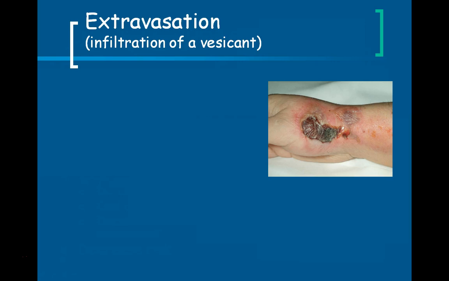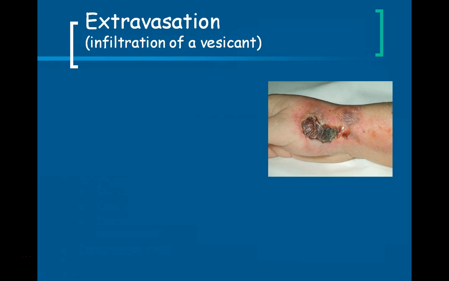Another type of infiltration is where the fluid that is infiltrating causes tissue damage and necrosis of the tissue. And we call that kind of fluid a vesicant, so a fluid that causes tissue damage.